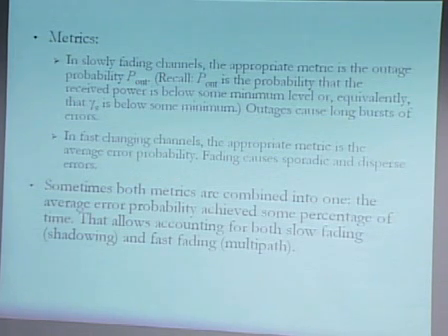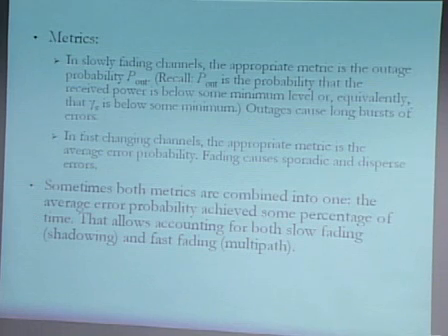And sometimes you want to combine both metrics into one, to account for both slow fading and fast fading. In reality, we always have a combination of shadow fading, which is slow, and multipath fading, which is relatively fast.